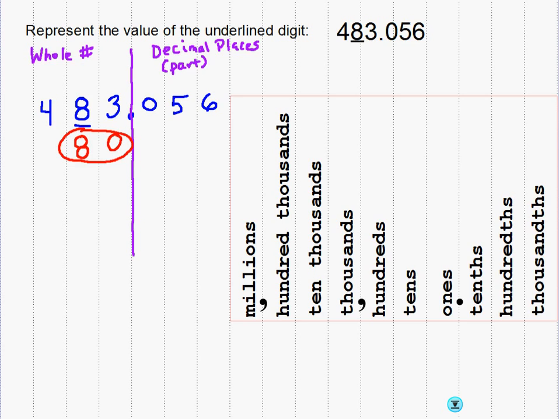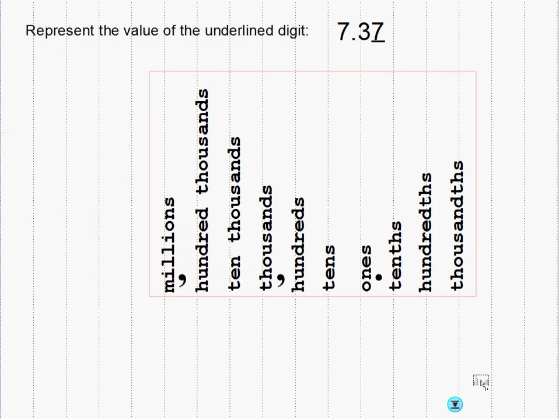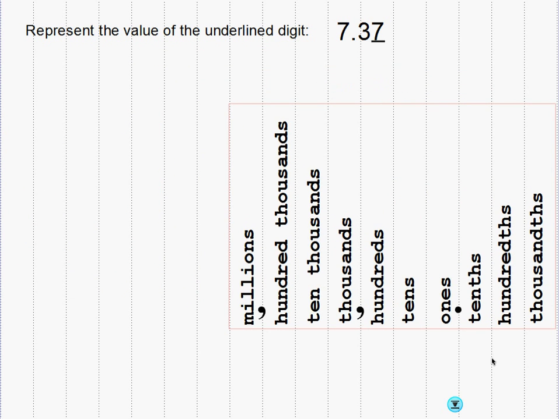We're going to work another problem, but this time we're going to figure out what the value is of one of our digits on the decimal side. Let's bring in a place value chart. This is the same place value chart that we just used.